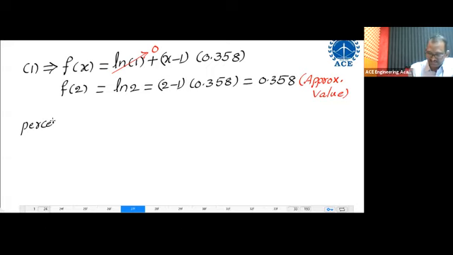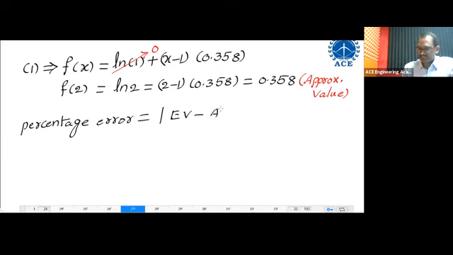Now percentage error. What is percentage error? It is the modulus of exact value minus approximate value, divided by exact value, into 100.